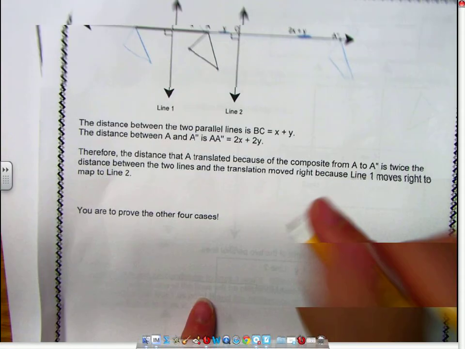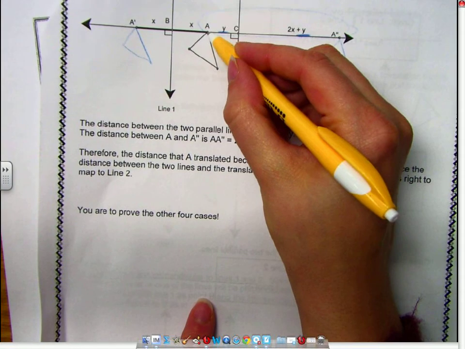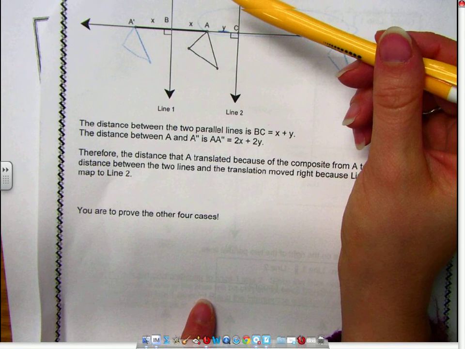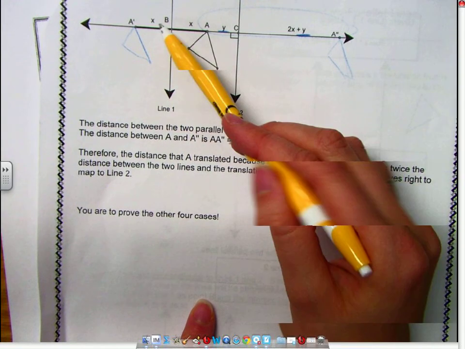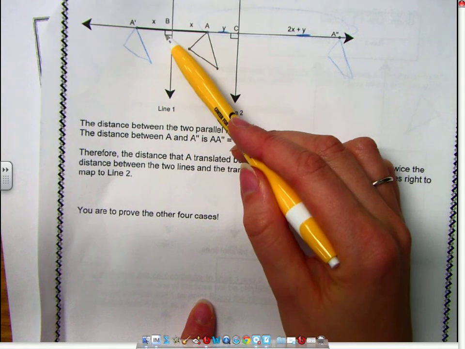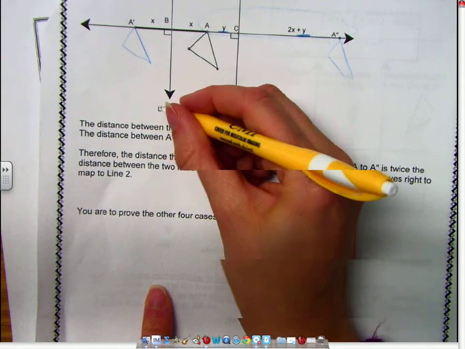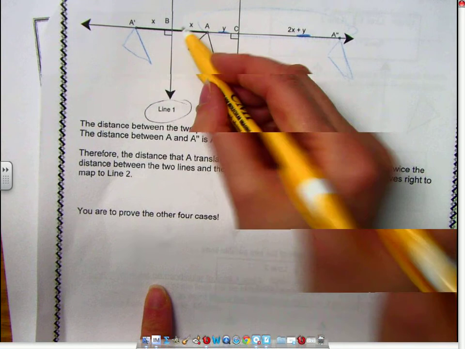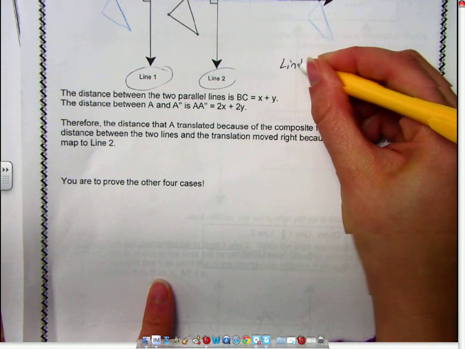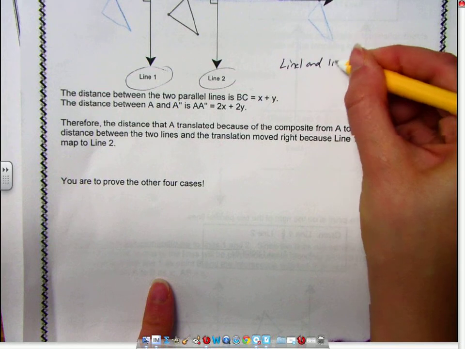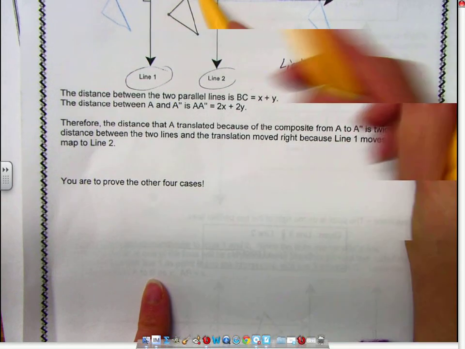So the distance between A and line 1, the distance between line 1 and line 2, do you guys see that? What's the distance between line 1 and line 2? X plus Y, right?